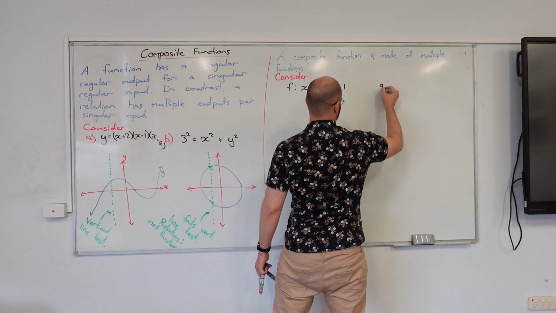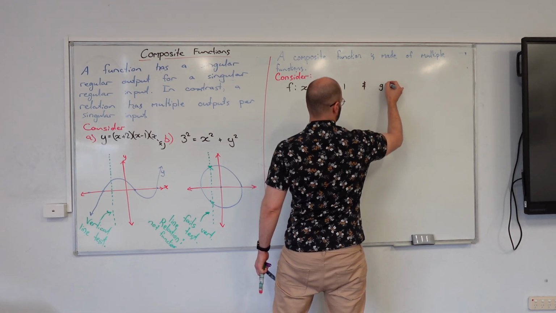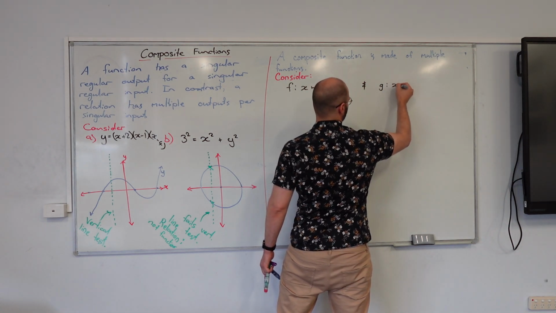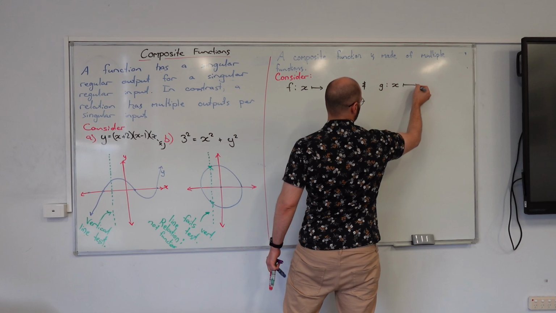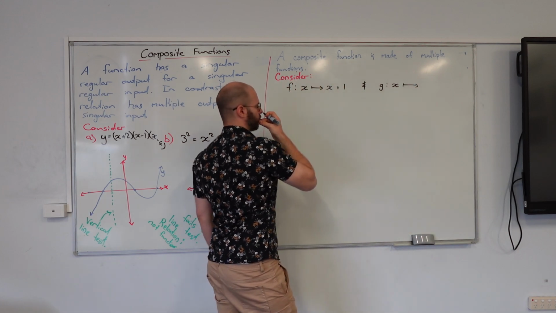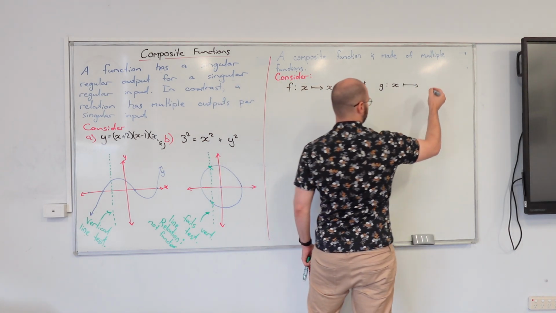And g, on the other hand, is the machinery that transforms x into x cubed plus 3.